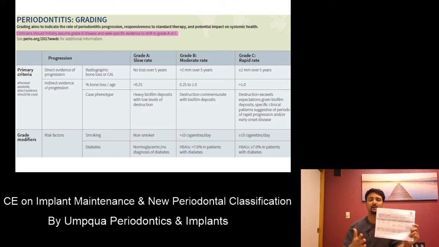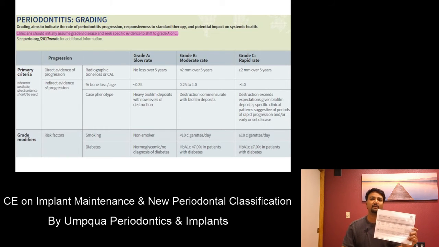So the primary criteria to assign a grade to a patient: you should always use direct evidence or indirect evidence. So what do you mean by direct evidence?